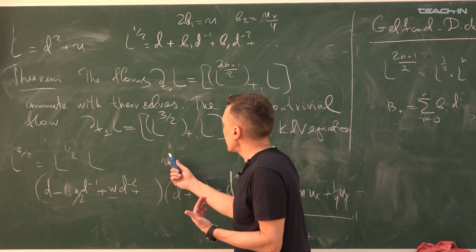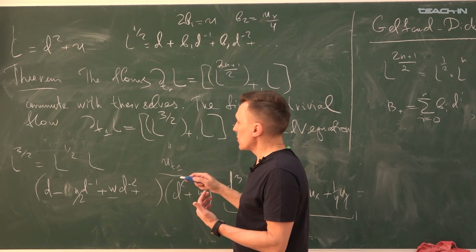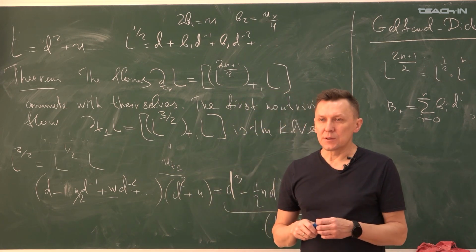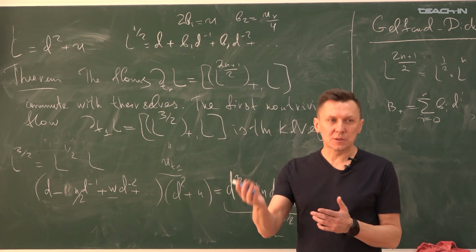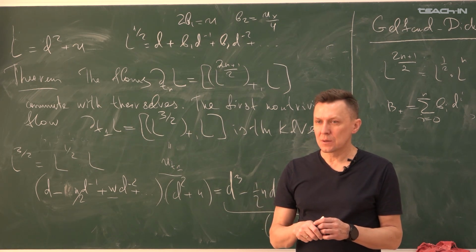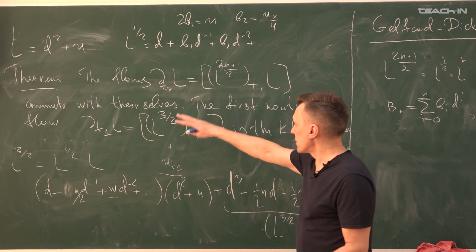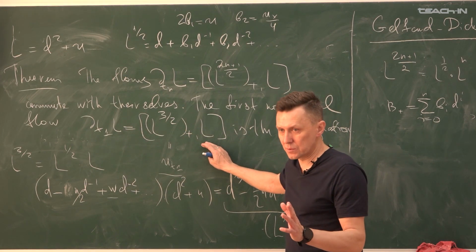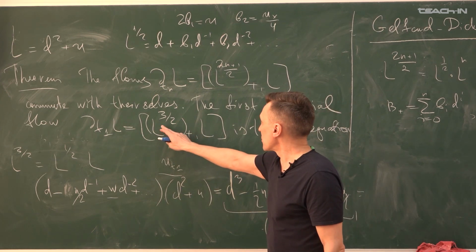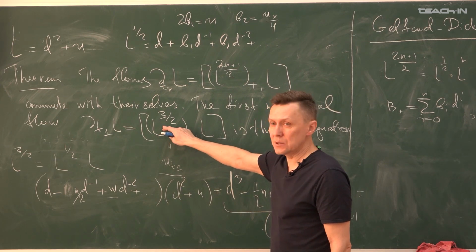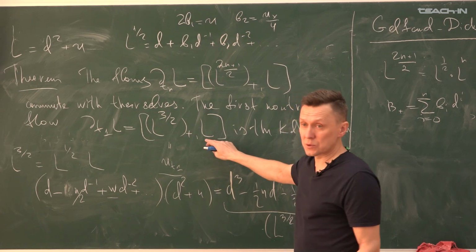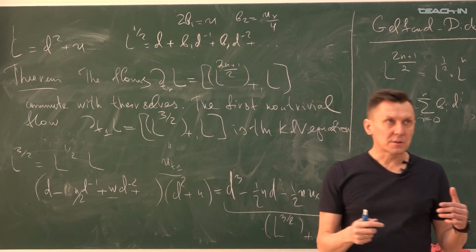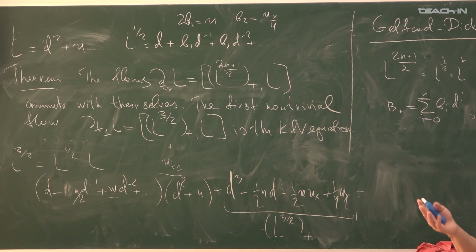So it's a differential operator, but it is of order 0. It contains only the part which is a multiplication by a function. All other parts will disappear after this commutator, which is not trivial at the moment, because this is an operator of the order 3, this is an operator of the order 2, its commutator is an operator of which order?